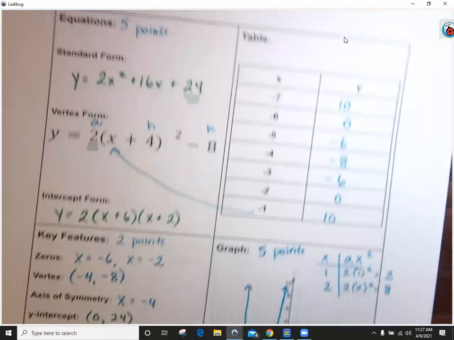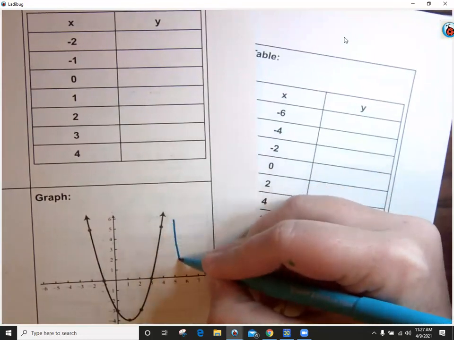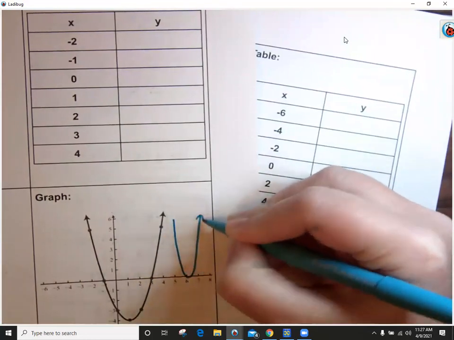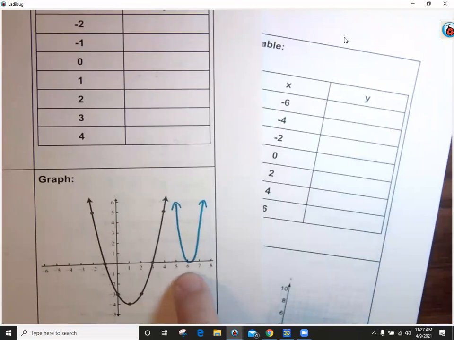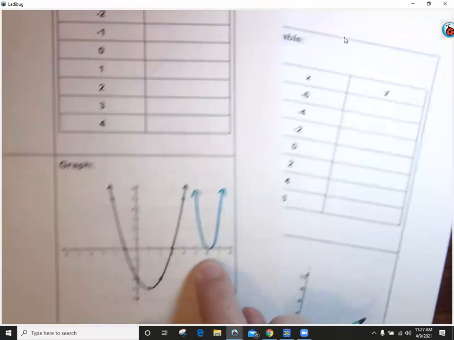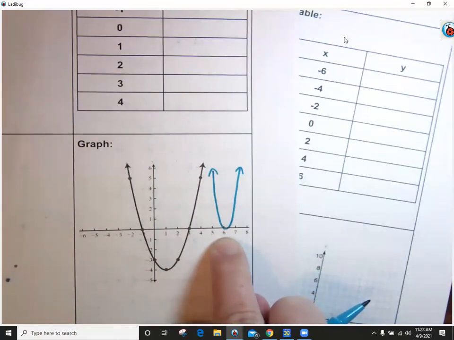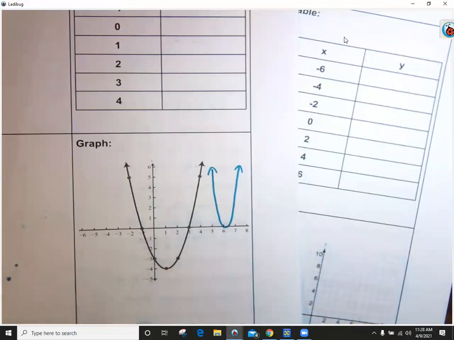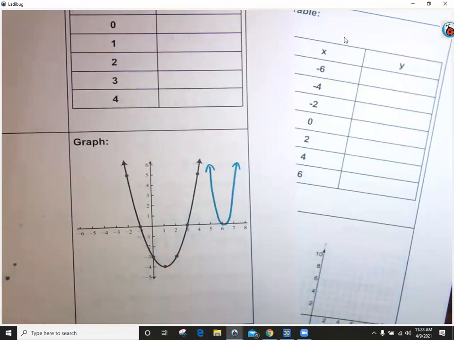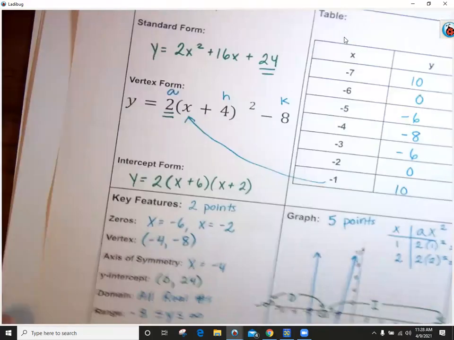So if you had a parabola that's set like this, then for intercept form, is that what you asked? You would just do x minus 6, x minus 6. You'd use the same one 2 times. It's a good question. Any other questions so far?